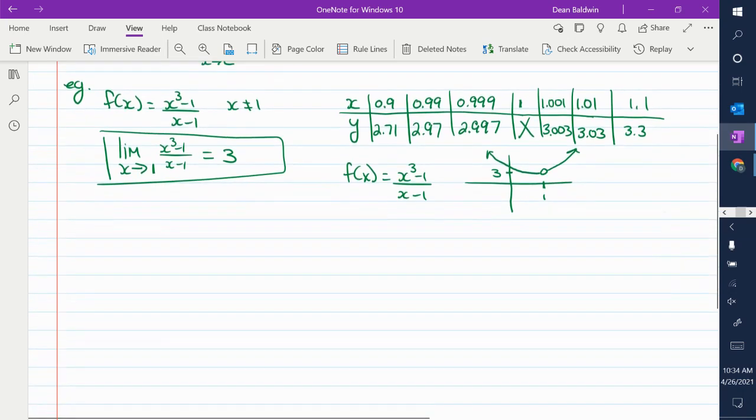Now, obviously not all functions have undefined points. If they don't have an undefined point at the point you're going to, you just plug the number into the function. So for example, if I have the limit as x goes to 2, we'll do the same function.